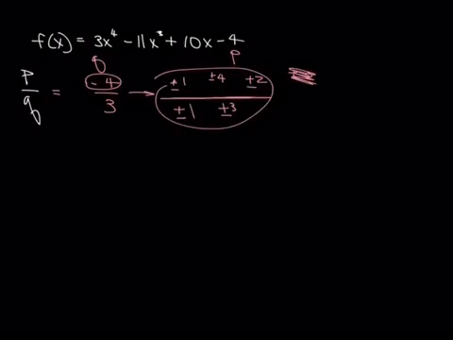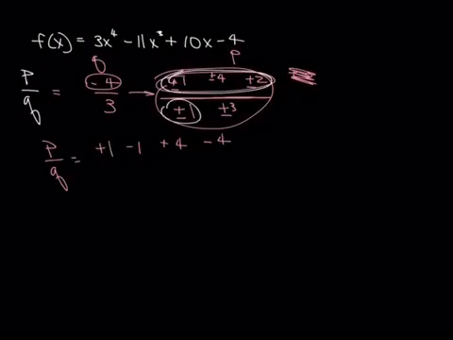So possibilities for p over q are, like I say, 1 times negative 4, negative 1 times 4, all of those possibilities. So plus 1, negative 1, plus 4, negative 4. Okay? All of these over 1 gives me those. Now if I took all of these over plus 3 and negative 3, I would get a whole bunch more.